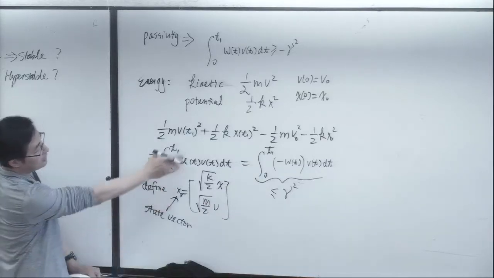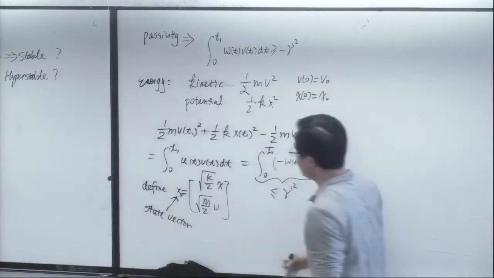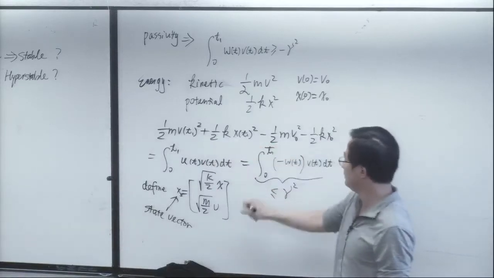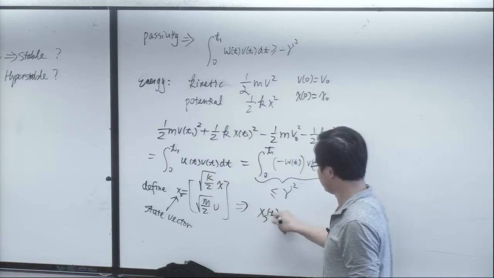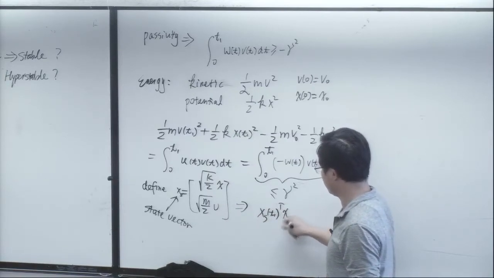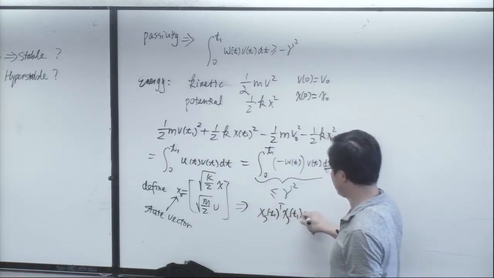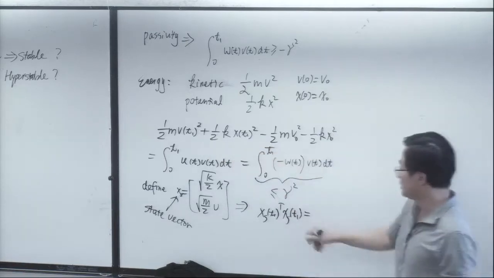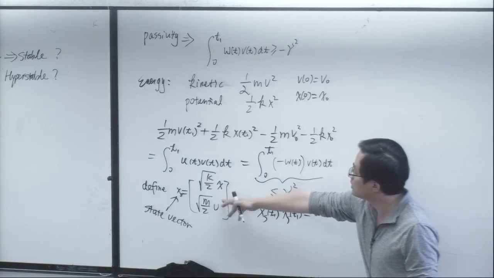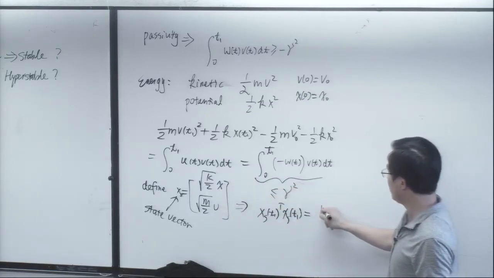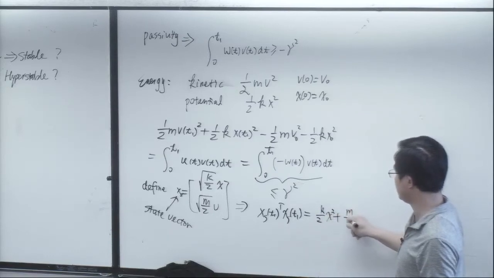And in this way, we can see immediately this term is nothing but the 2 norm of the state vector. So the 2 norm of the state vector is going to be k over 2 x squared plus m over 2 v squared.